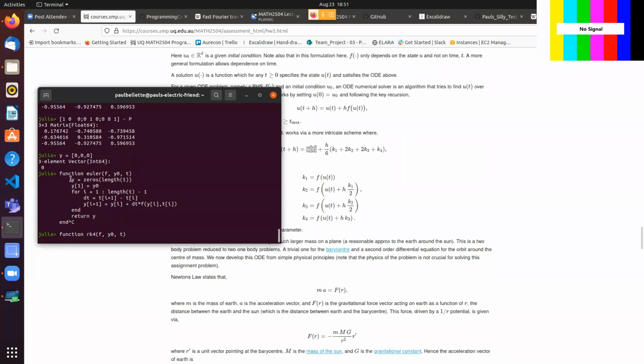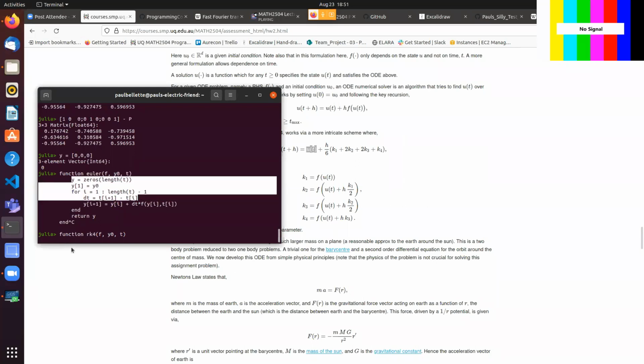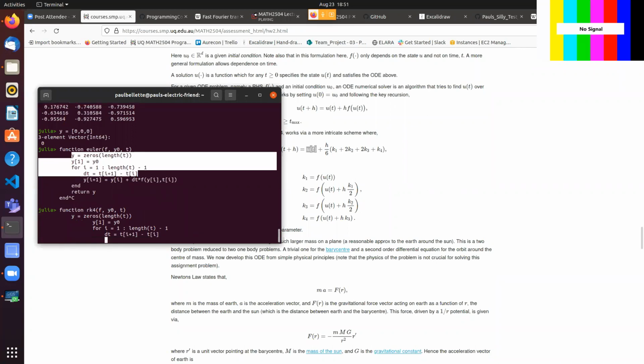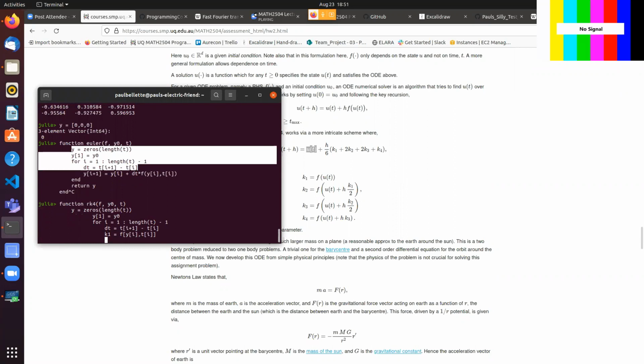We can copy paste a little bit. Okay, so we want to do K1, super simple, K1 equals F of y, t, i. Easy.